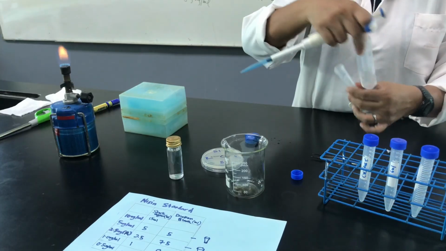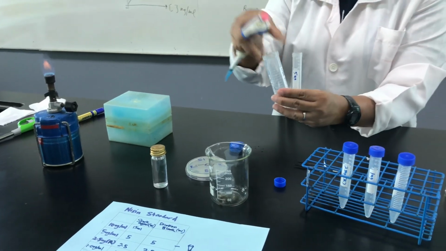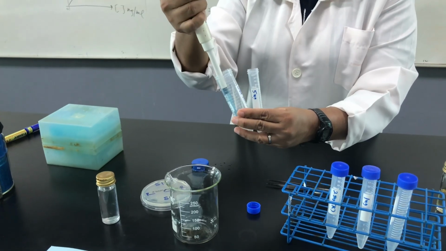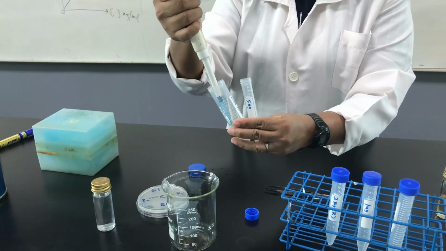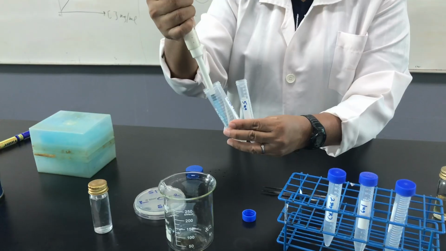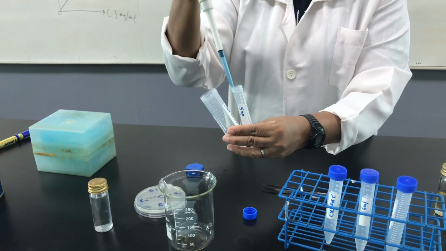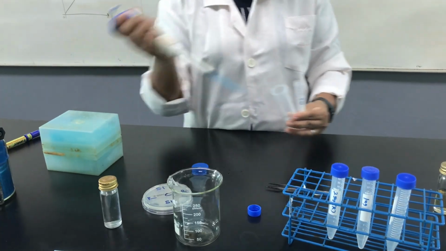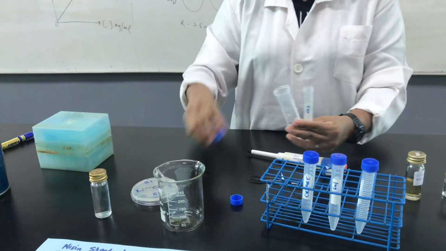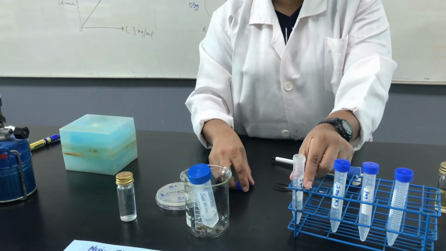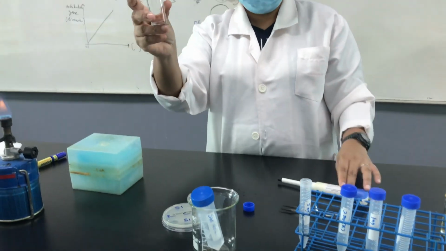So 5 ml of the stock Nisin is combined with 5 ml of the diluent.